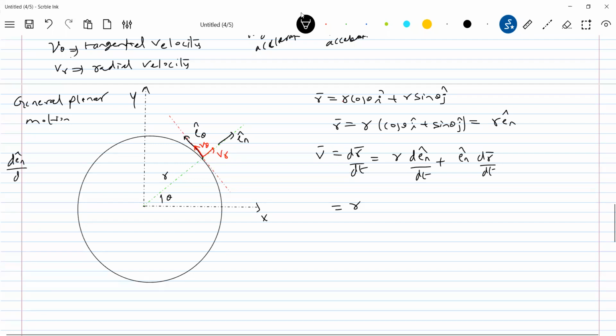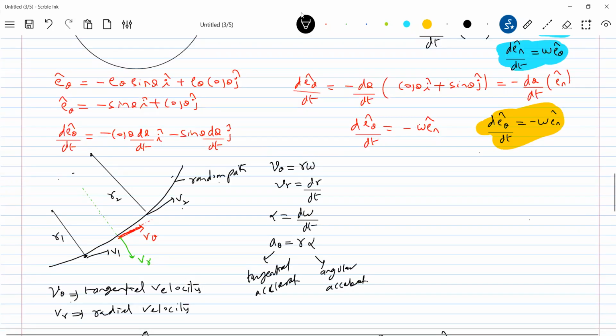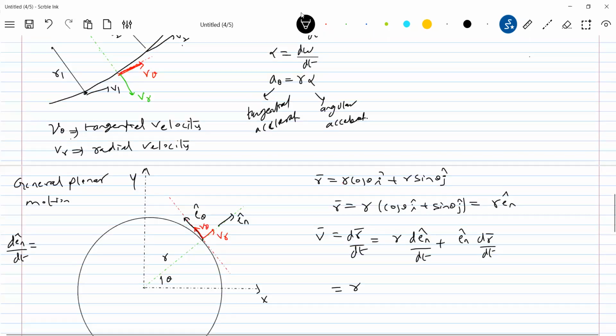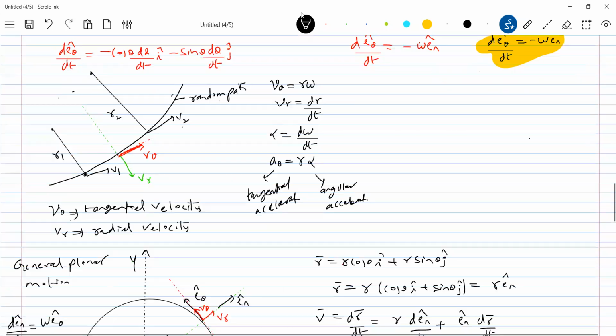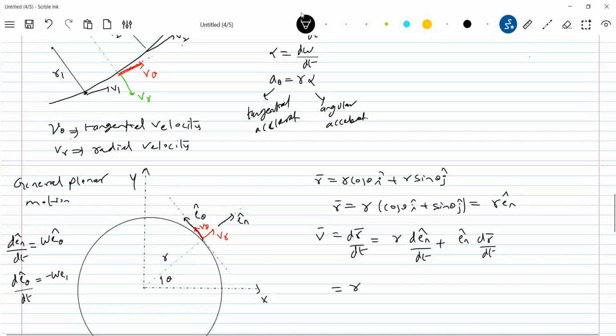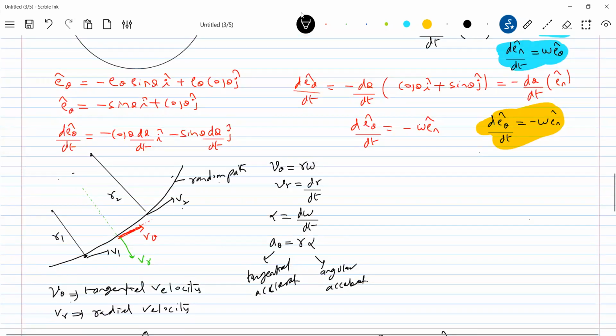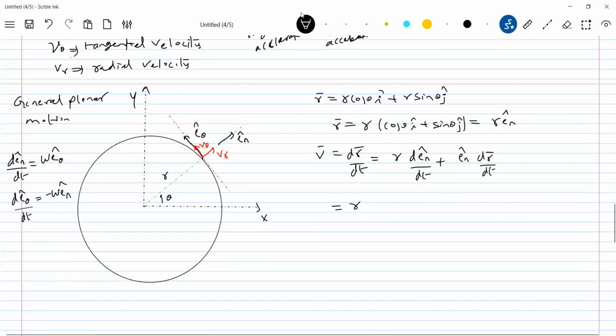Already we discussed the background, so those things let me tabulate here. So in place of dEn cap by dt, I'll write it as omega E theta cap, plus En cap times dr by dt.